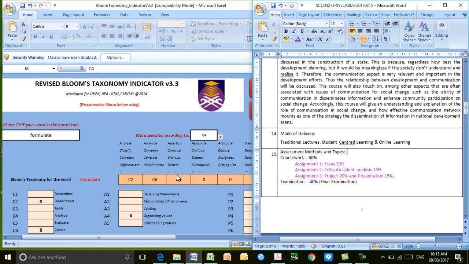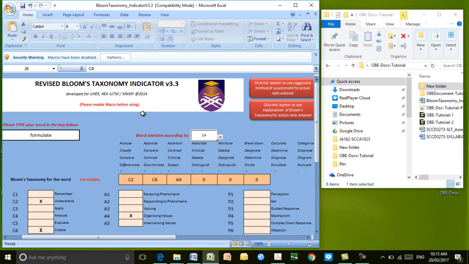Over here, when we have this Bloom taxonomy to validate our course learning outcome, directly after we identify the possible domain of cognitive and affective here, I can quickly look for the possible methods of assessment.